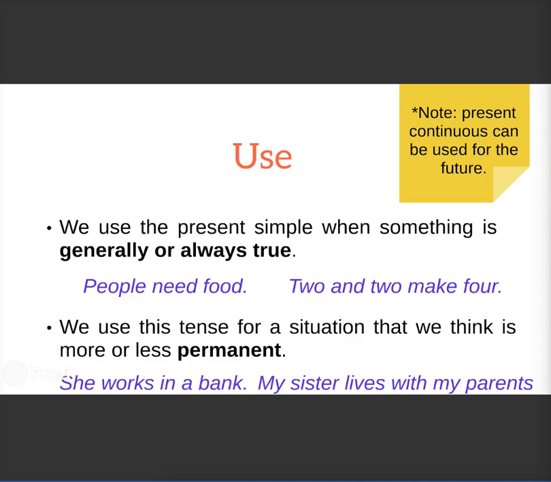Green? Is the sky green, babies? Blue. Blue. So, Danny, how can you say el cielo es azul in English? How can you do it, Danny? The sky is blue. That's it. The sky is blue. That is present simple.